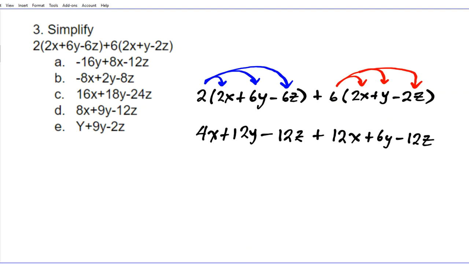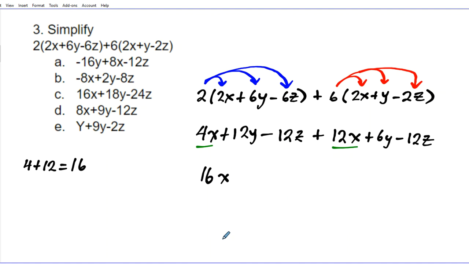Now we're going to combine like terms. 4x and 12x have the same variable and degree. So we add the coefficients. 4 plus 12 is 16. So we're going to have 16x. Okay.